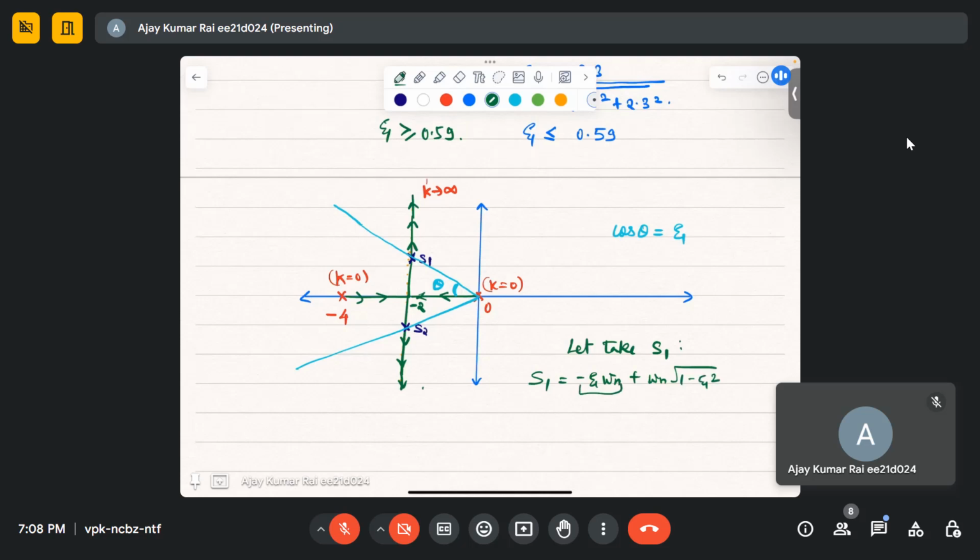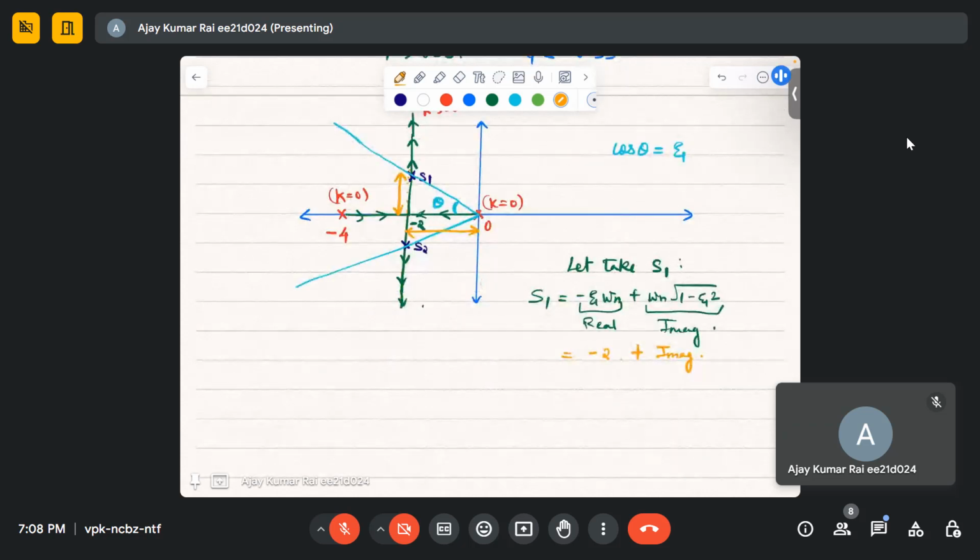So this is the real part and this is the imaginary part. The real part is minus 2, and the imaginary part we have to calculate.